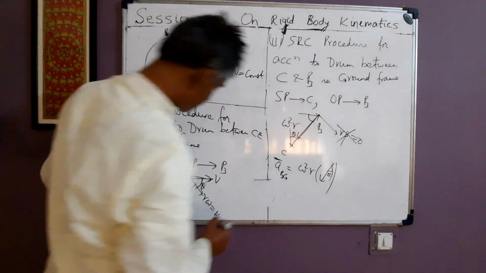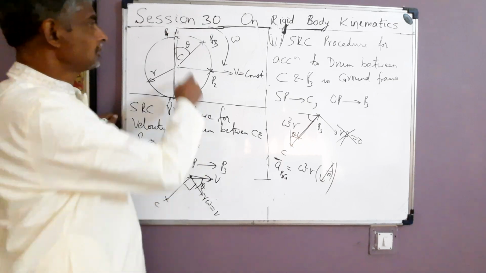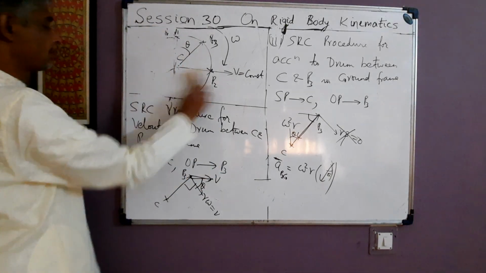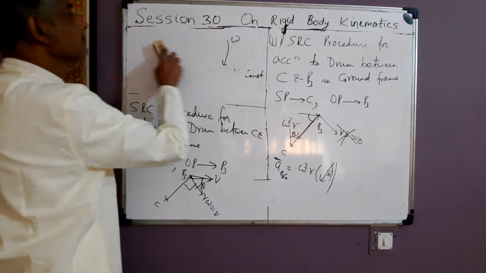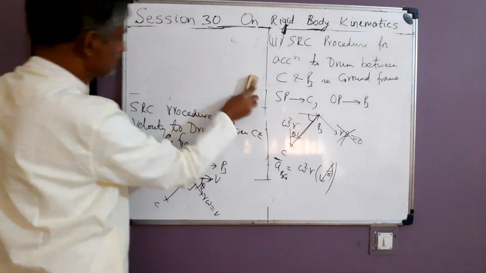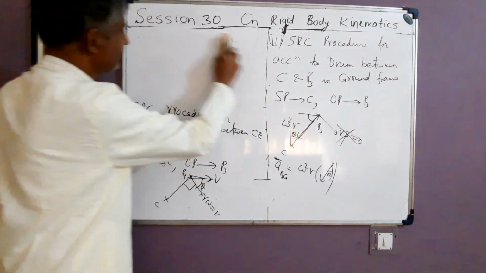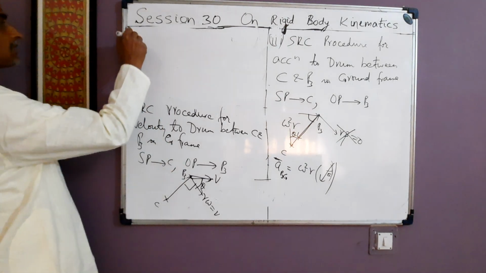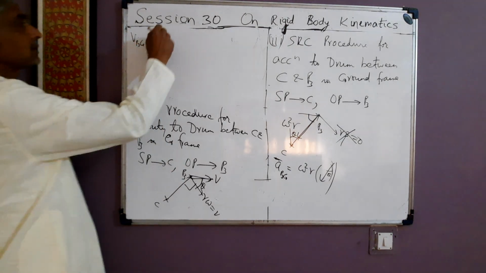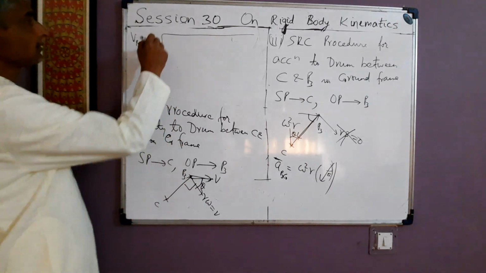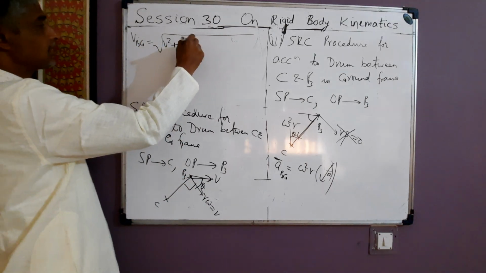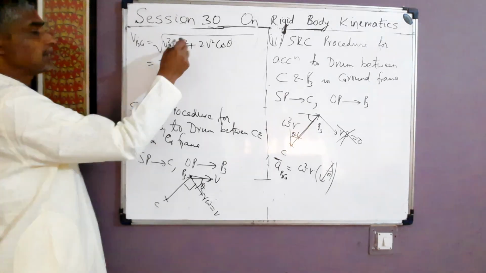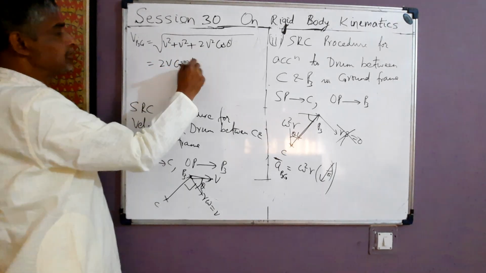So the velocity of P3 with respect to ground is the vector sum of these two, V and V. It is the square root of V square plus V square plus 2 V square cos theta, which becomes 2V cos theta by 2.